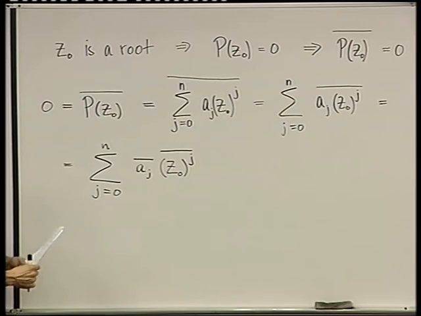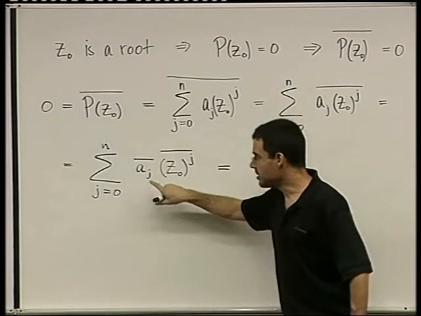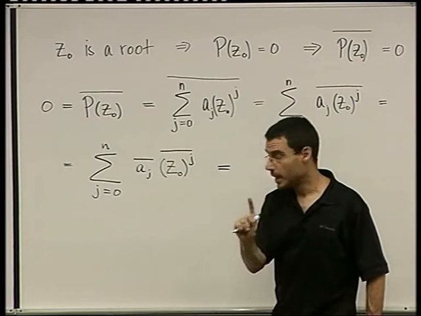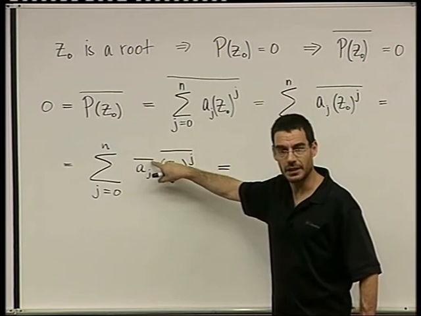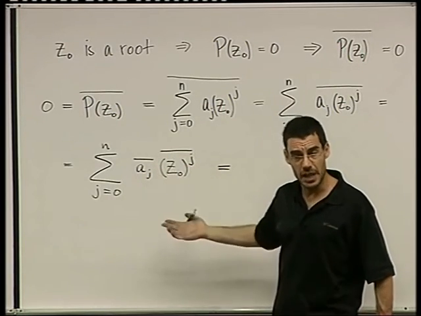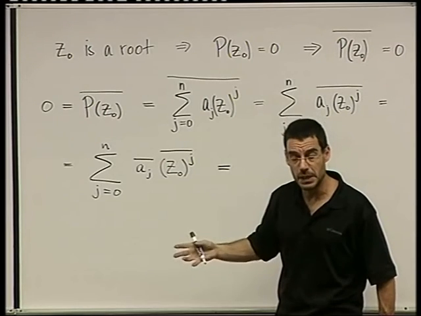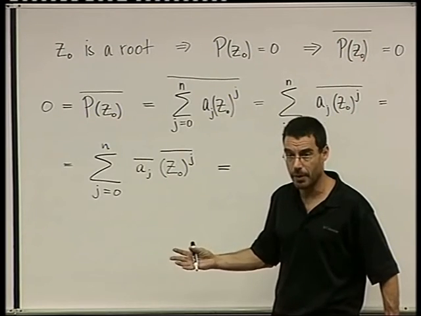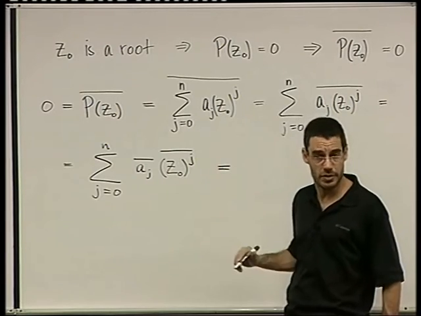Okay? Now I'm going to use, and this is crucial, the assumption of the theorem that all the coefficients are real. If all the coefficients are real, what's a_j bar? Exactly. If a_j is real, its complex conjugate is itself, right? The complex conjugate of a plus bi is a minus bi. But a real number is a plus 0i. There's no imaginary part. So the complex conjugate is a minus 0i, which is just a.